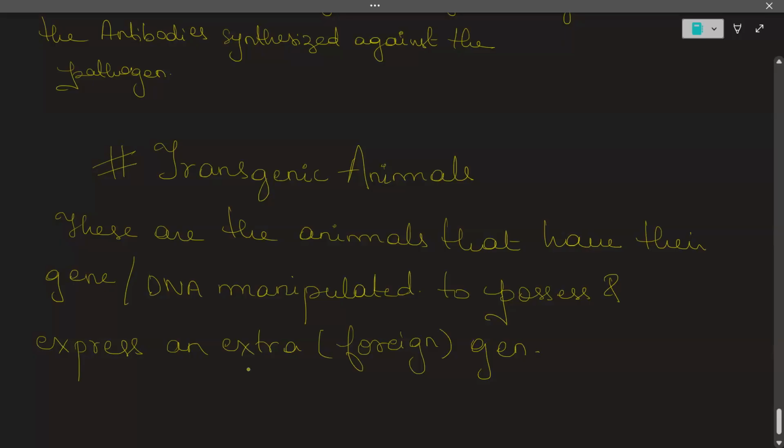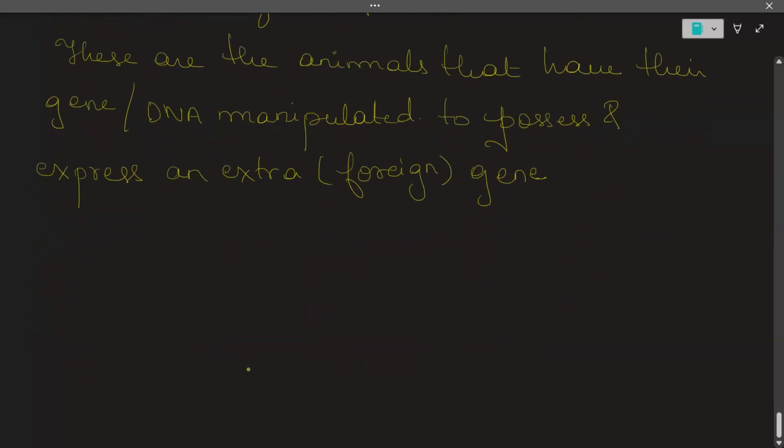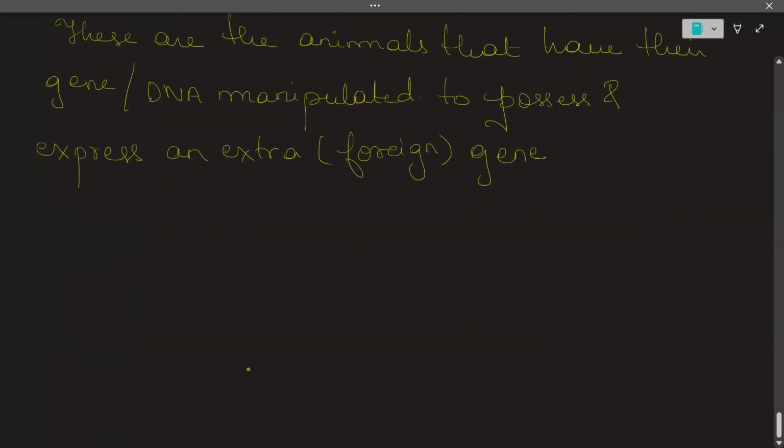Now, they can also be called genetically modified organisms, right?